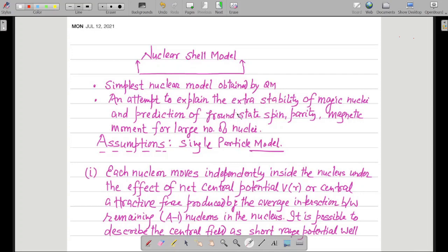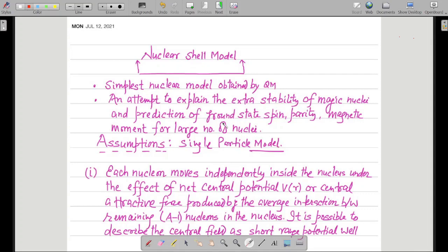Whenever a magic number is encountered, the nuclear shells are completely filled.